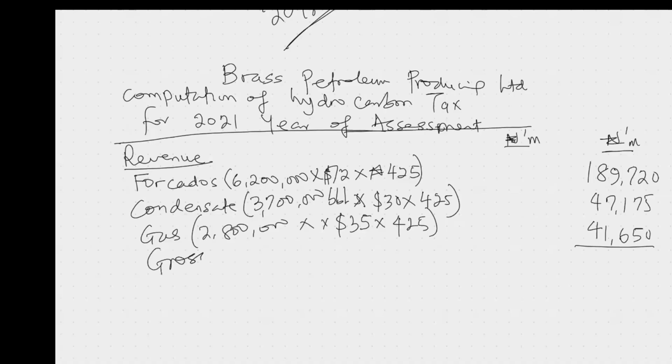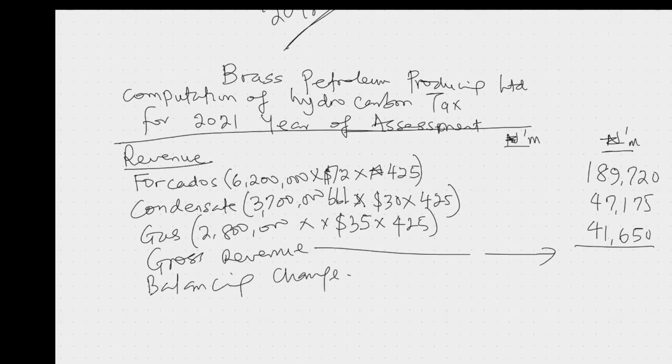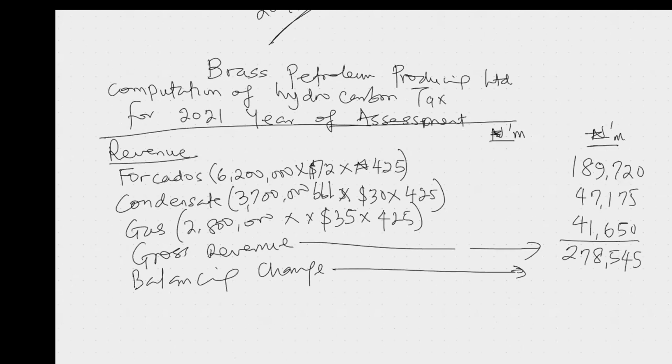Balancing charge. 278,545,000,000. What's my balancing charge? What's my total revenue? 278,577,000,000.